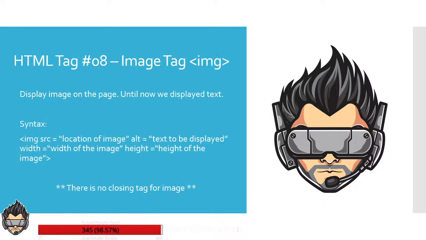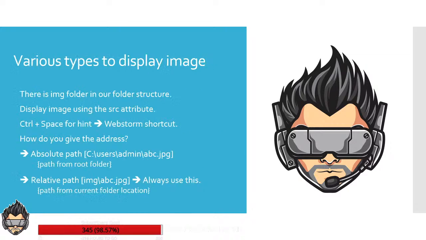Once we were done with that, we looked at what an image tag is, and how to display different types of images. We got to know what an absolute path is and what a relative path is. Always make sure you go with the relative path technique. Never go with the absolute path, because if you can see the location, it's C, users, admin, abc.jpg.